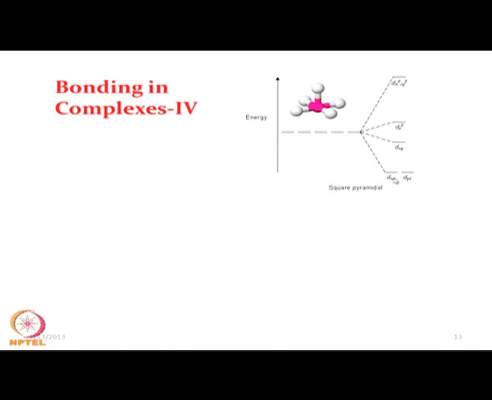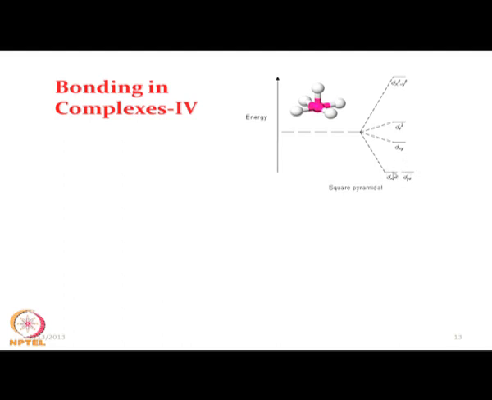Similarly, from the t2g set, the orbitals having the z component like dxz and dyz would be stabilized compared to dxy. So, this is a very simple crystal field diagram to be drawn for a square pyramidal geometry, where you see that we have a doublet, one singlet and one singlet. So, 3 levels would be singlet and 1 will be doublet.